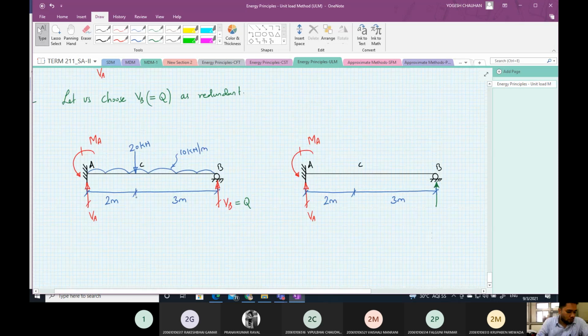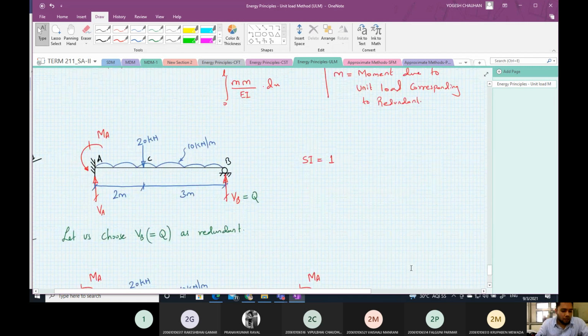From this we will get the capital M value, and from this we will get the small m.